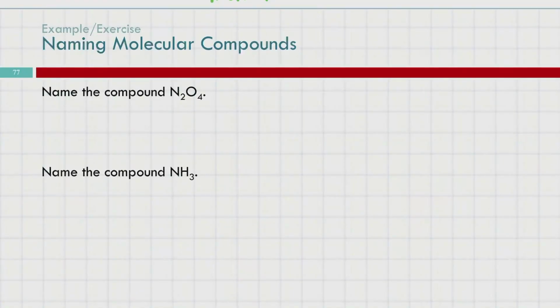So naming molecular compounds. The compound N2O4. We need our prefixes for 2 and 4. Our prefix for 2 is di, and the name of the element N is nitrogen, so dinitrogen.